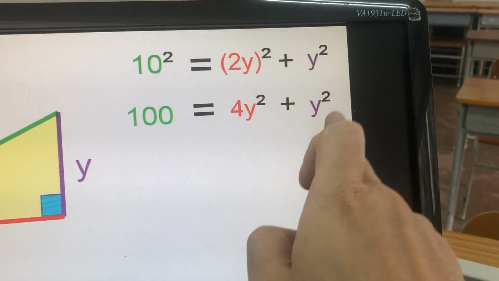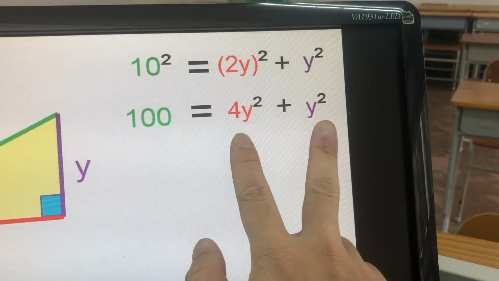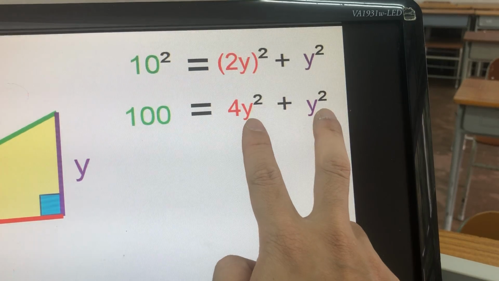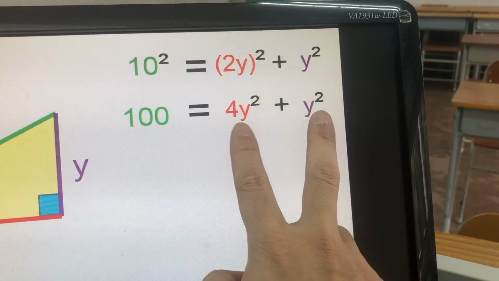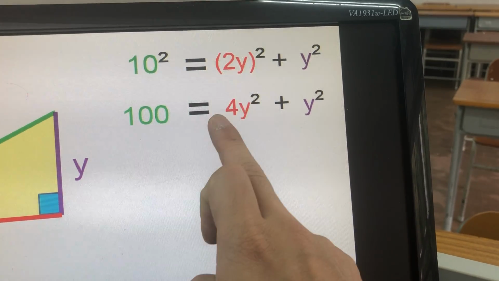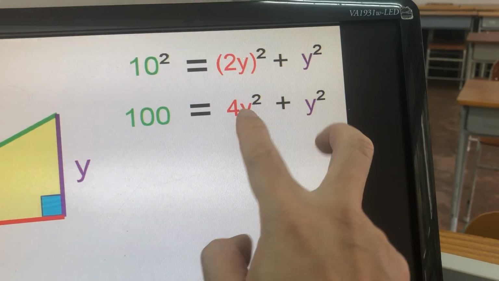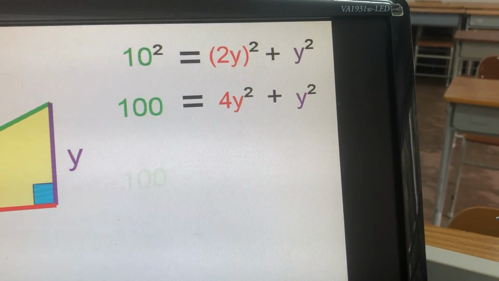Now, these two terms, are they like terms? If you are not sure, look at the variable y to the power 2, y to the power 2. Are they the same? Yes, as long as the variable are the same, they are like terms, we could combine them. Here we have 4 apples, and there we have how many? 1 apple. 4 apples, 1 apple, altogether we have 5 apples.